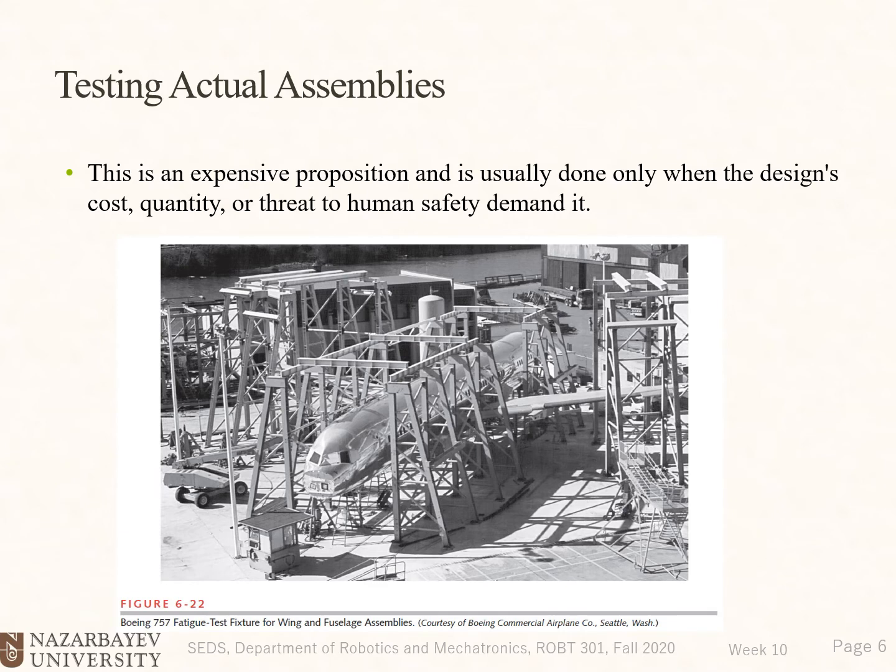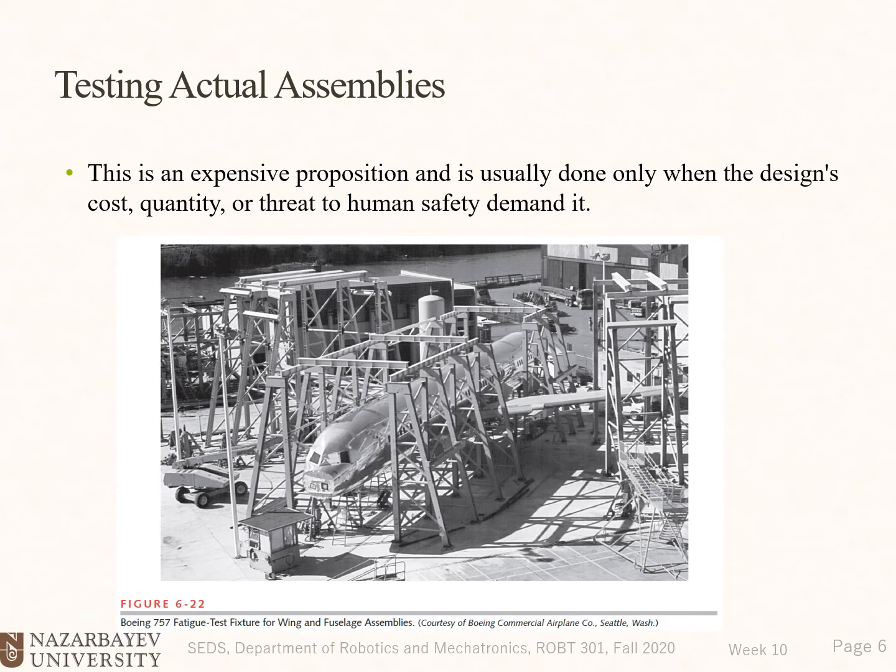Okay, so testing actual assemblies, as also discussed in the video, not all the parts and machines go under sinusoidal load, either reverse or repeated or fluctuating loads. So we need to put that part under a specific test.